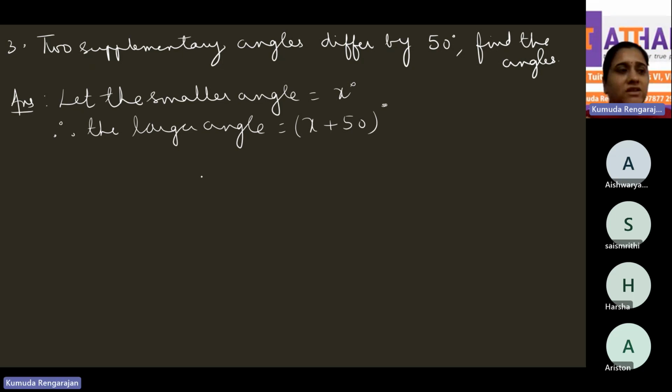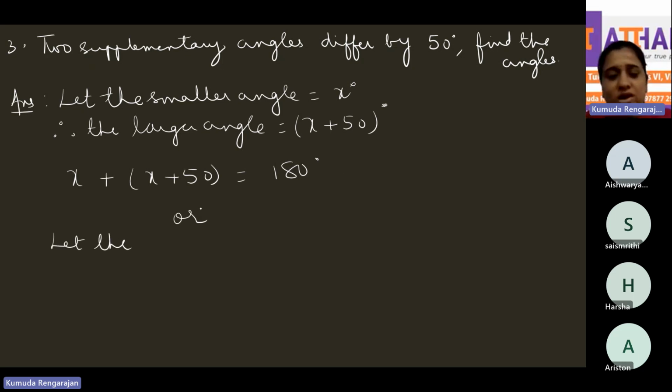Now they are supplementary angles, so their sum is 180. x plus x plus 50 is equal to 180. Solve this and find the angles.